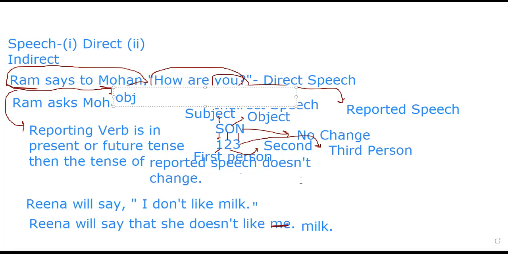Is it clear? Now, Reena will say, I don't like milk. Here I is first person, and I will change according to subject. Subject is Reena. So that's why it had changed to she.